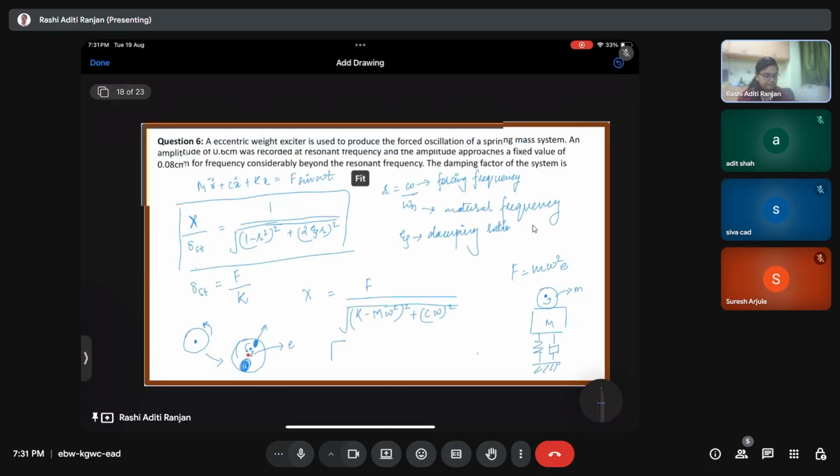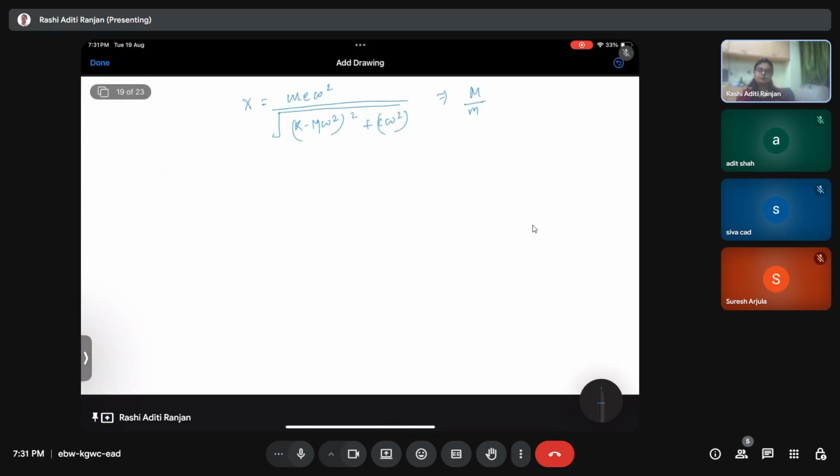Somewhat like this. Now I can write this as capital M by small m into x by E is equal to (omega by omega n) square divided by the square root of (1 minus (omega by omega n) square) whole square plus (2 eta omega by omega n) square. Now this is the expression that we are going to use.